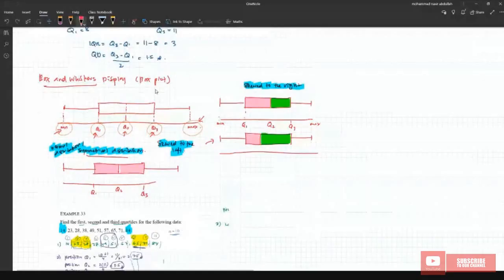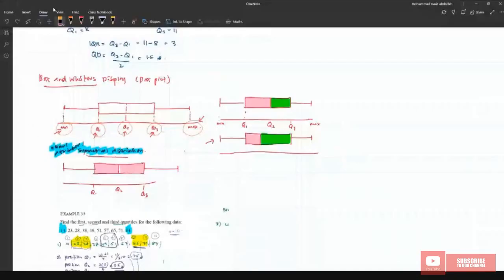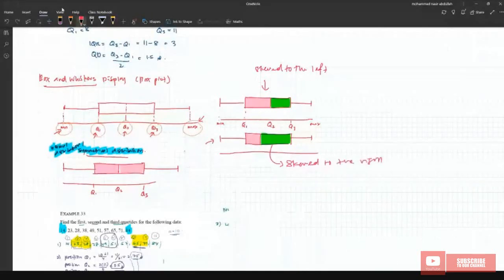When the area on the right hand side is smaller, then it's skewed to the right hand side, left hand side. So let me make a correction, right? So this is a symmetrical distribution, right? And this is skewed to the left, and this is skewed to the right. Right. Okay.